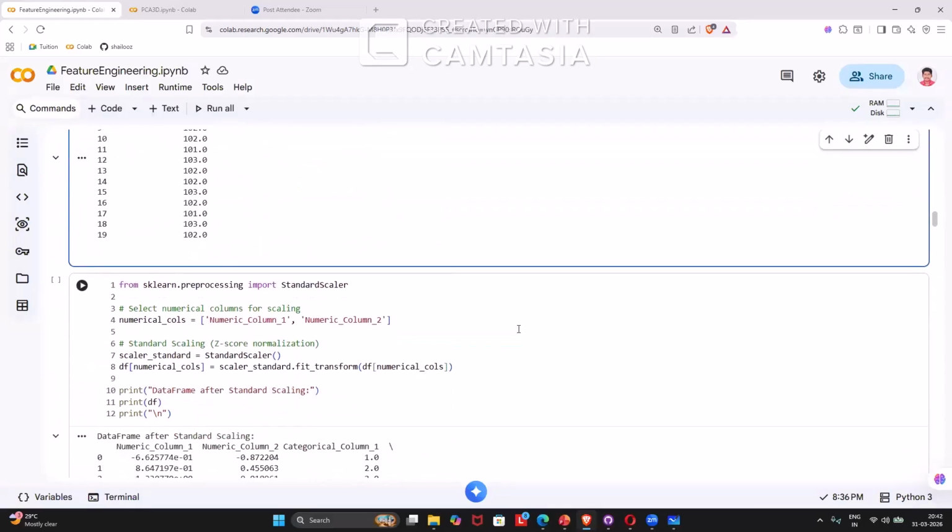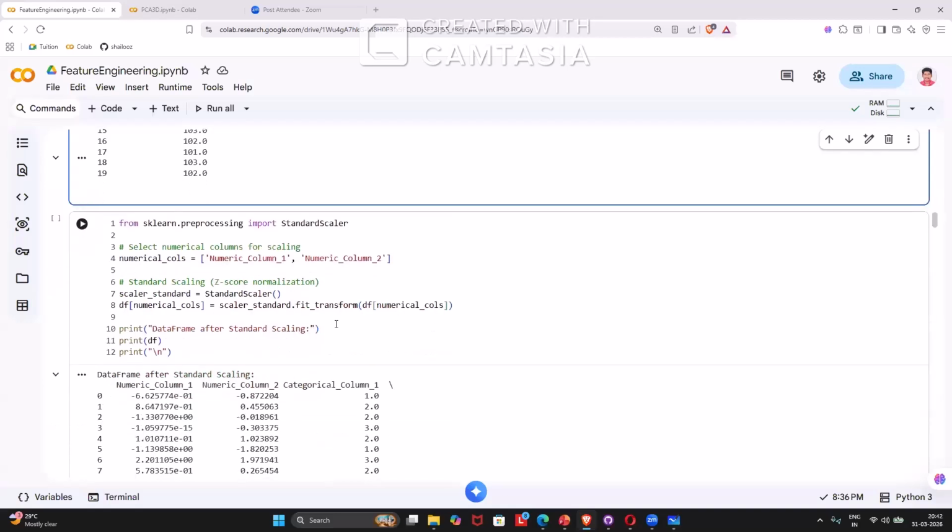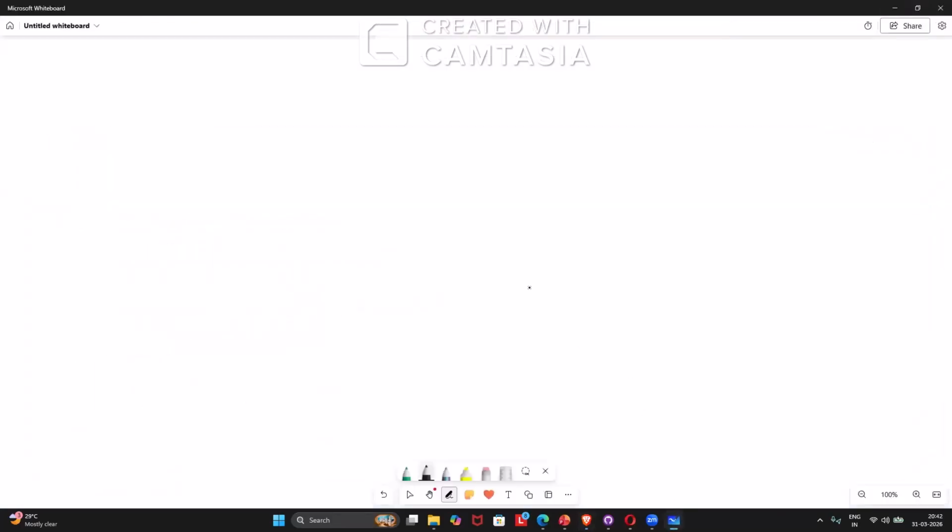There is another scaling called standard scaler. What it will do is a normalization. Suppose you have a set of observations x1, x2, up to xn. It will first find the mean of it, which is sigma xi by n.